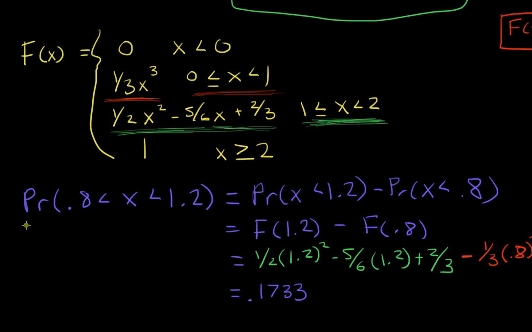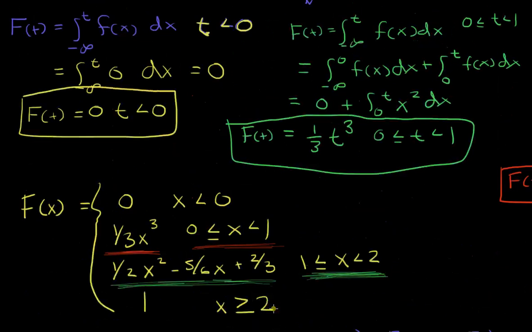You should always make sure that whatever answer you get here, it should be between 0 and 1. If you're calculating a probability, then you should get a probability as an answer. And remember, probabilities must be between 0 and 1. So if you get a negative answer, not okay. If you get an answer that says 1.5, not okay. You've got to go back and see what went wrong. Also, look at this: 0.1733 means that this probability represents about 17% of the total area underneath the curve.